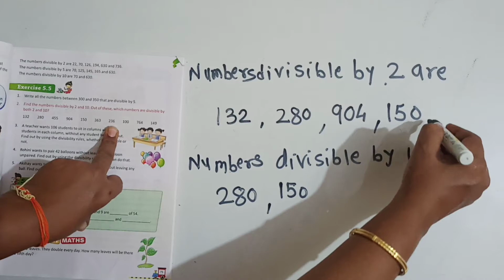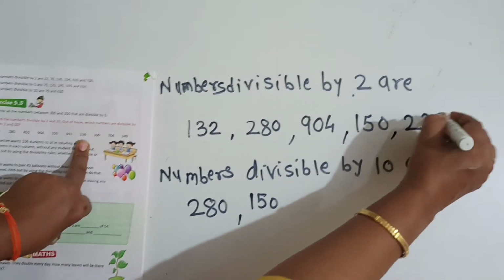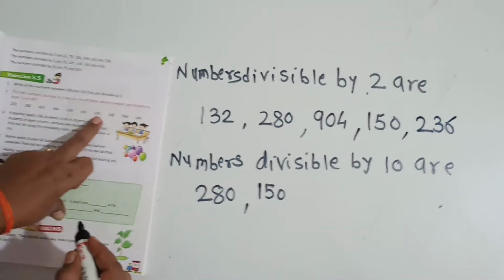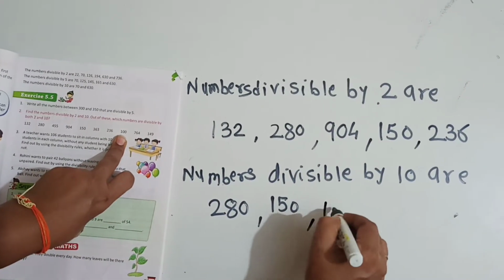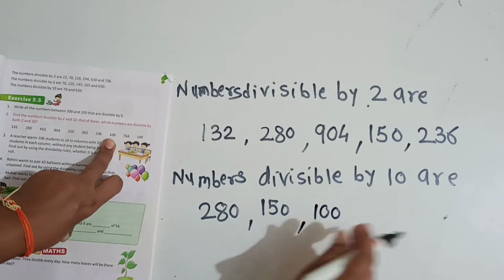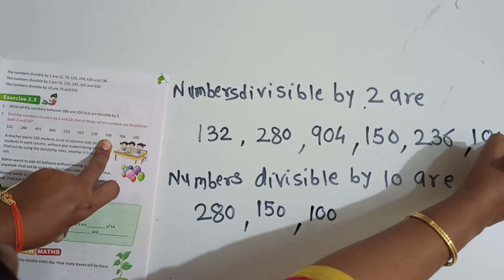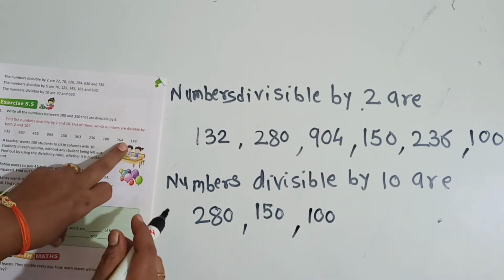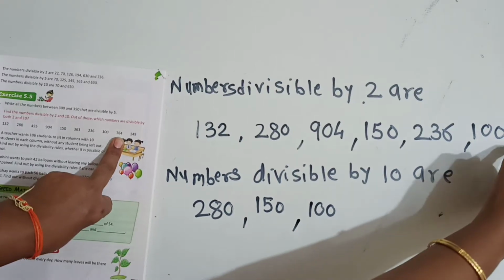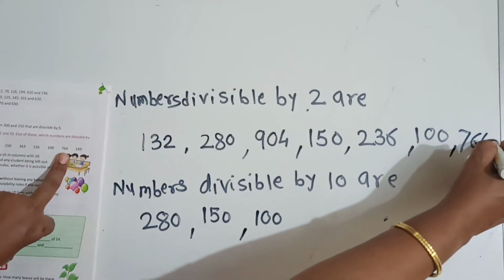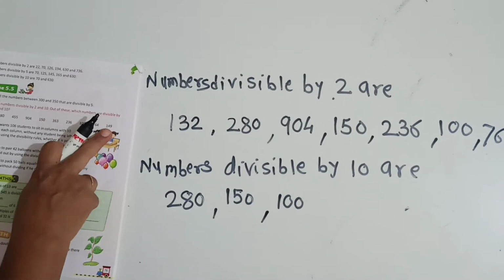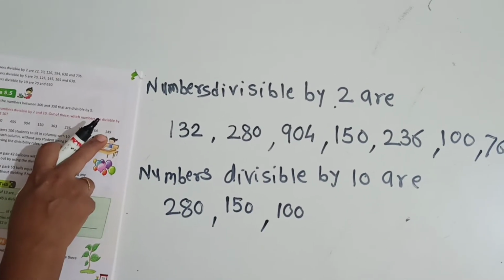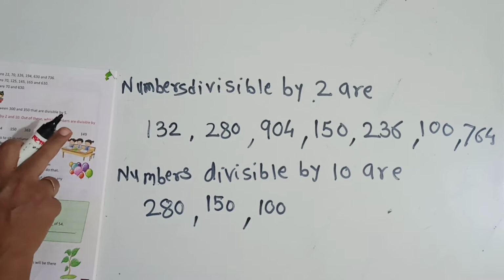Yes, 236 is divisible by 2 but not 10 because there is no 0 in the ones place. 100. Yes, it is divisible by 10 and also by 2. Then 764, it is divisible by 2 only. And 149, yes, 149 is neither divisible by 2 nor 10.